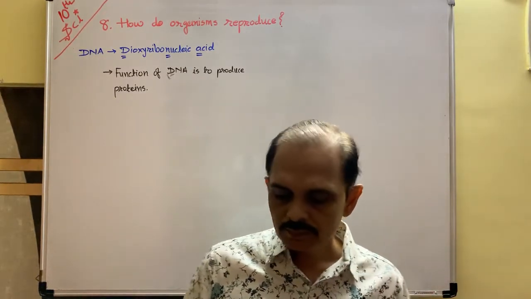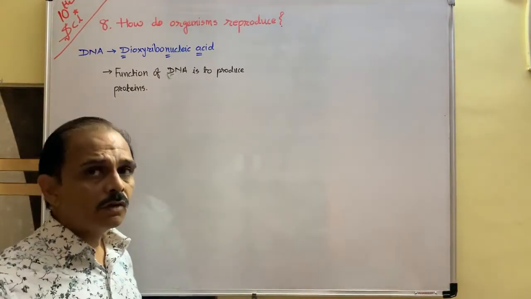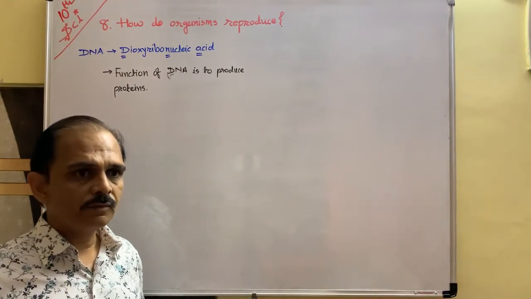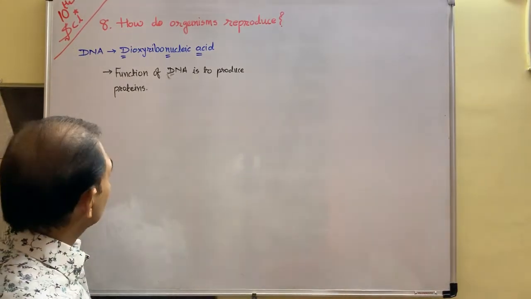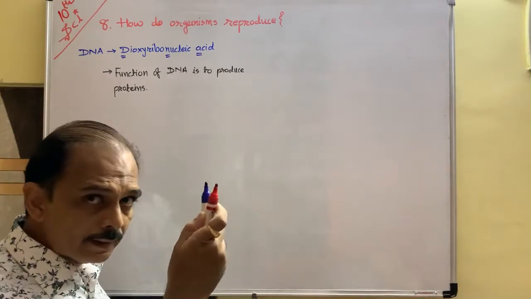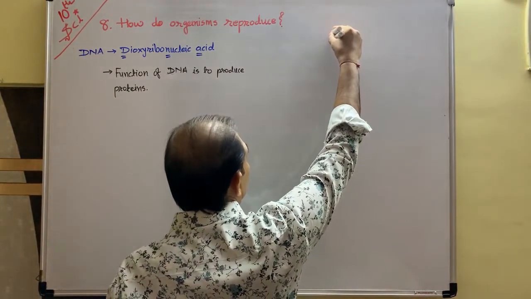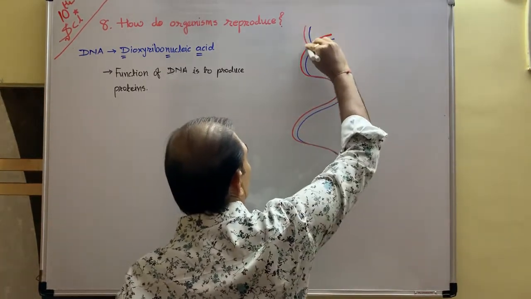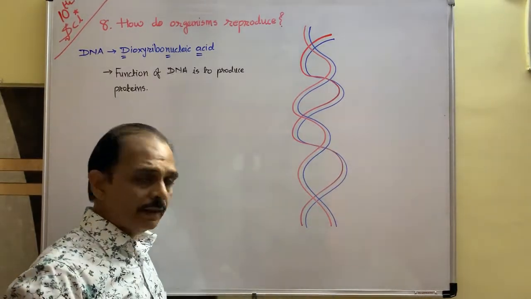Now see, if DNA is important, recall 9th standard. The structure of DNA that you have not learned in 9th standard, we will learn in the next chapter, DNA. But here I slightly draw this DNA. Take 2 pens, okay, and with the help of these you can draw the helical structure of DNA, right?